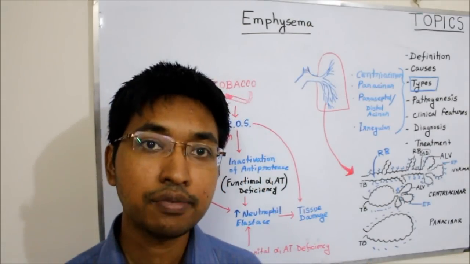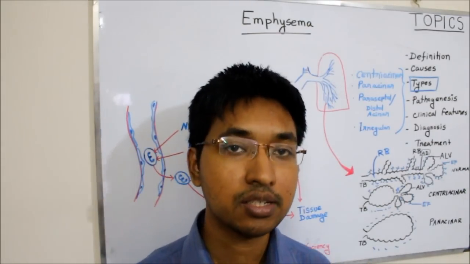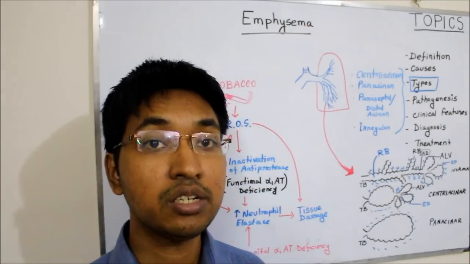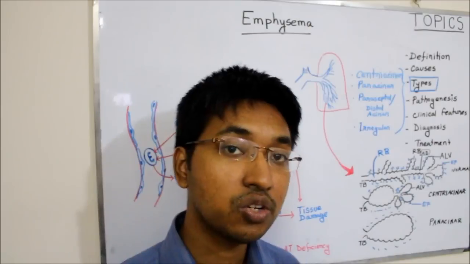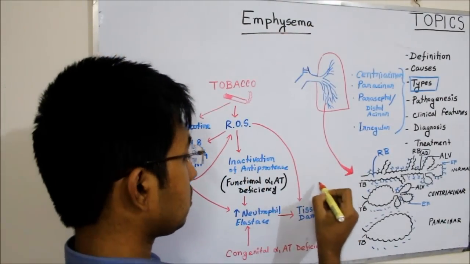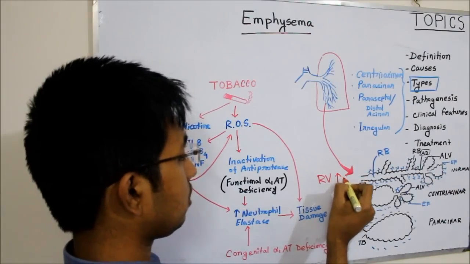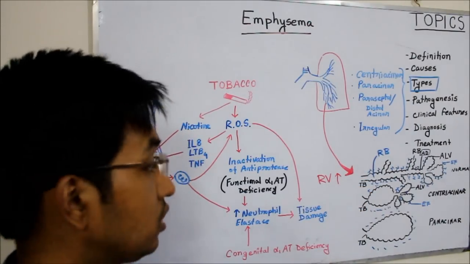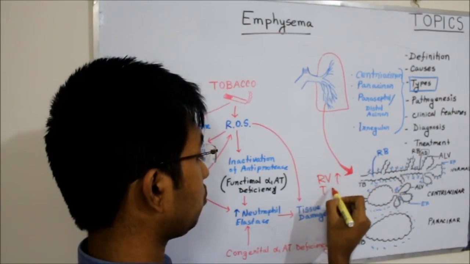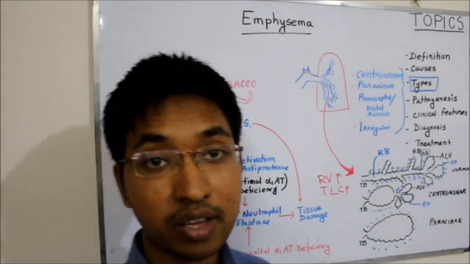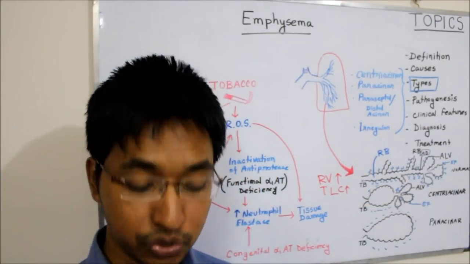Moving on to the lung function test, what will be our findings? So since the air spaces are enlarging in emphysema, the residual volume of the lungs, that is RV, will increase. Okay, so the residual volume will increase, and that will also lead to increase of the total lung capacity, that is the TLC.